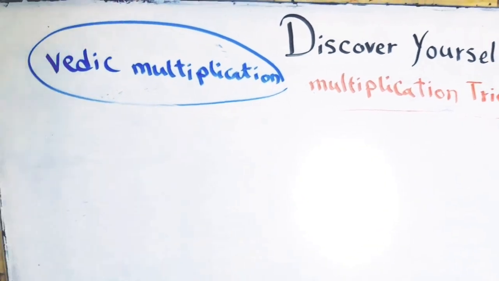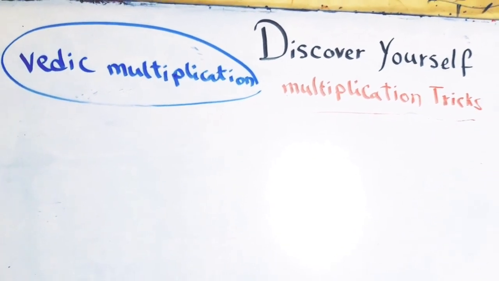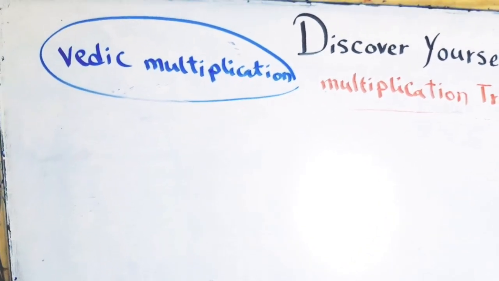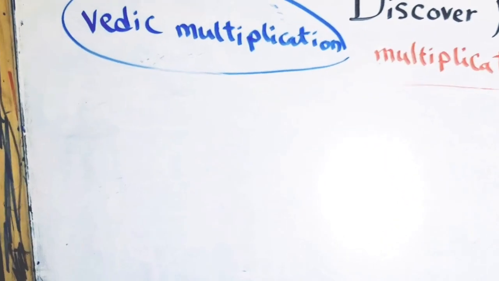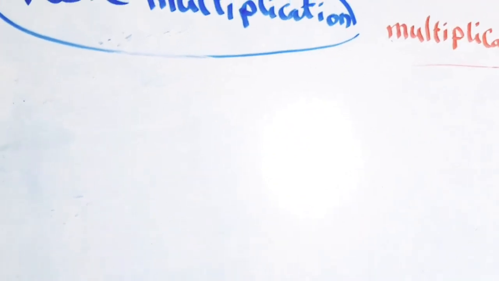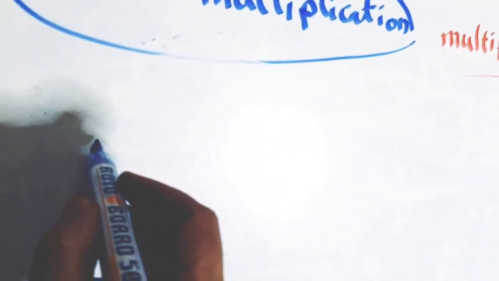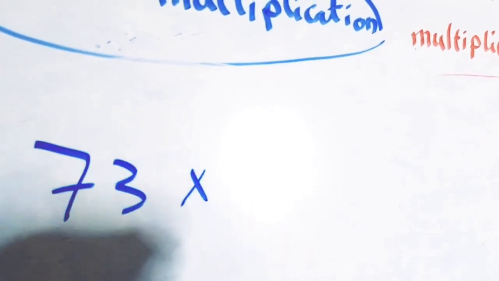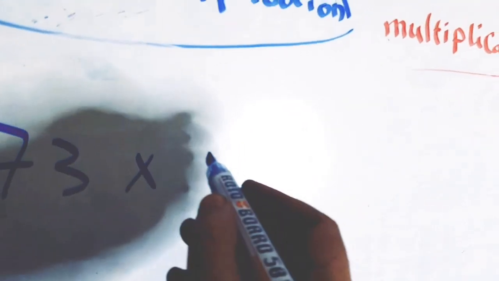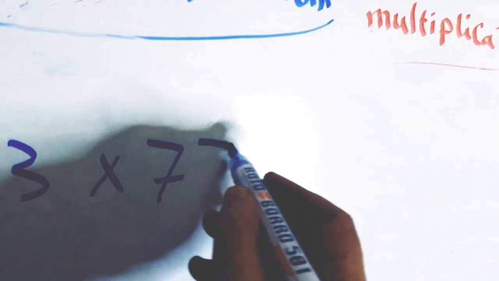What about multiplying a two-digit number by a two-digit number using Vedic multiplication? Let's take an example. 73 times 77.